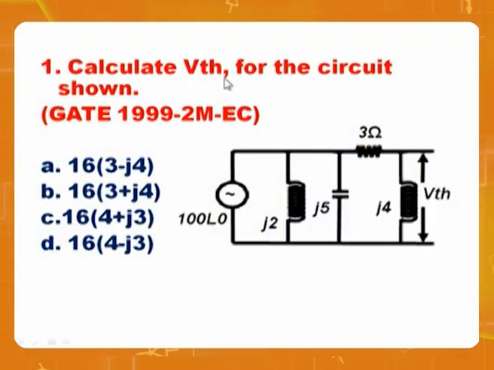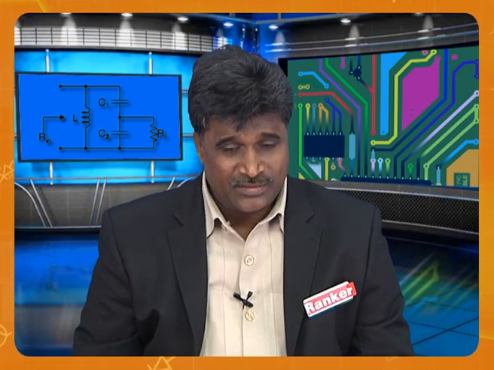Frequency is not in the data. If the frequency is available, you can say omega L, 1 by j omega C, j omega L, you can convert yourself. So you can take it for granted as you go along with the examination: wherever frequency is missing, you will have impedances directly given. So let me take you to the solution.